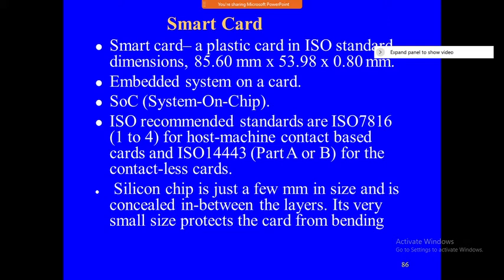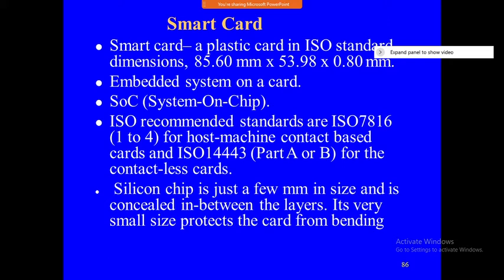Here, ISO recommended standards are ISO 7816 for a point of sale machine contact based cards. See, ATM cards, they are the contact based card. Whenever you put the ATM card, it is going to be contacting the machine. That is a contact based card.